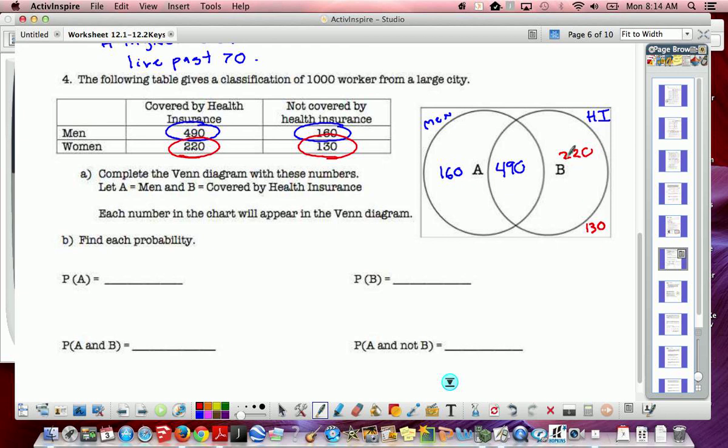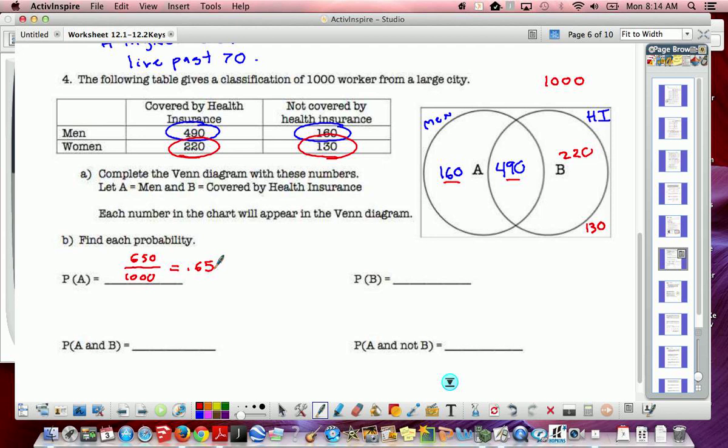So this is 350 plus another 650. There's a total of 1,000 people surveyed within this. So to get the probability of men, it would be the 160 and the 490 which add up to 650 out of 1,000. So we have 0.65.